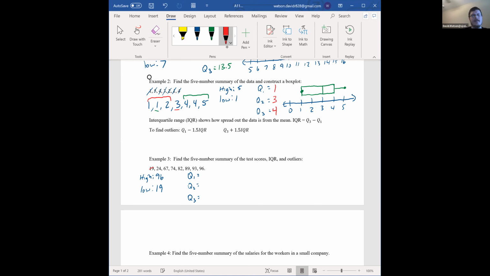First, we'll find Q2. So if we're going in from the outsides, we get to 74 and 82. If you just do 74 plus 82 and divide that by 2, that will get 78 as our actual median. All right, so 78.